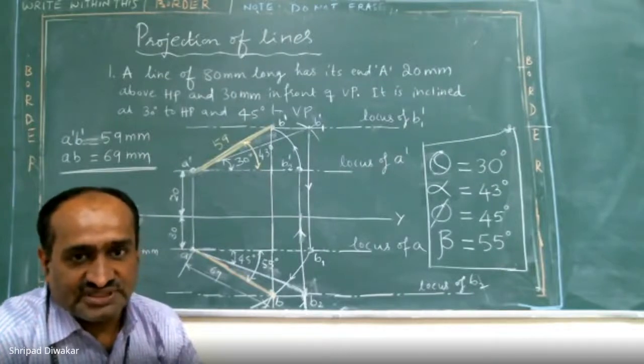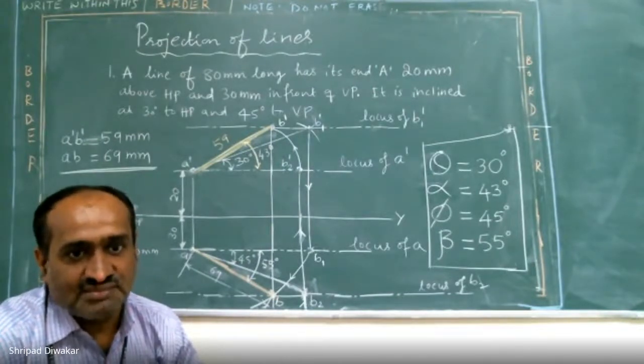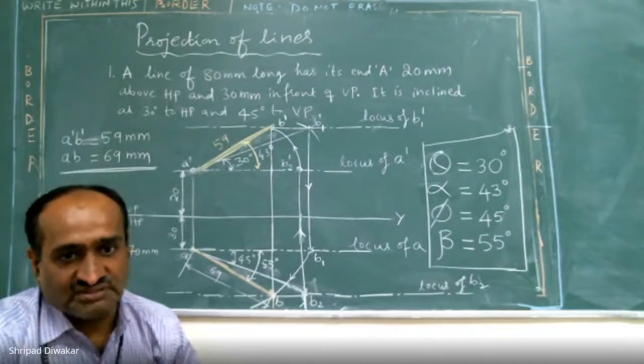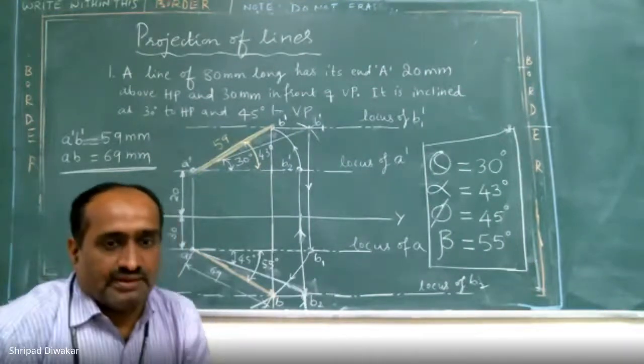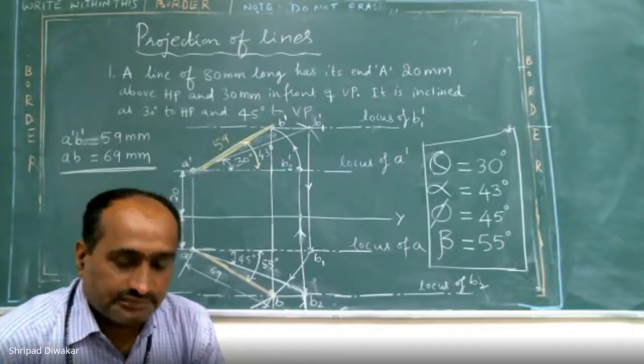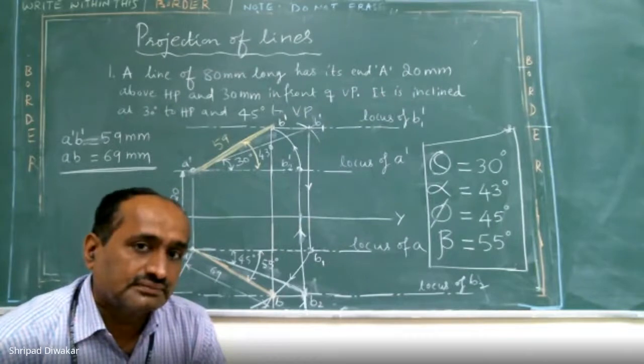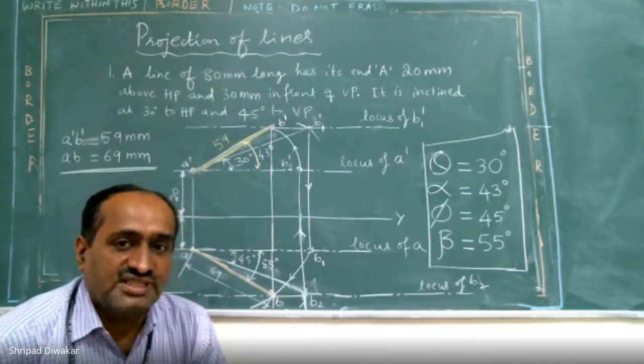Suppose while taking the dimension and cutting the arc you make some mistake, then B and B dash will not lie on the same line. Then you have to check the problem again. Any doubts, students? No doubt, sir.